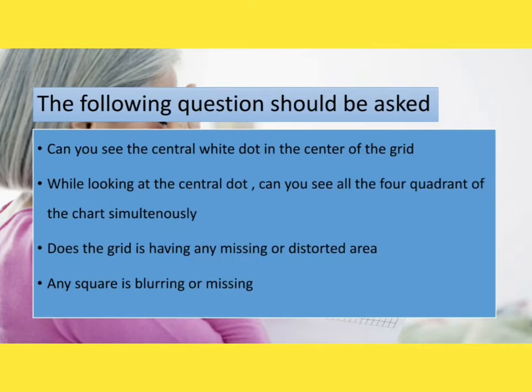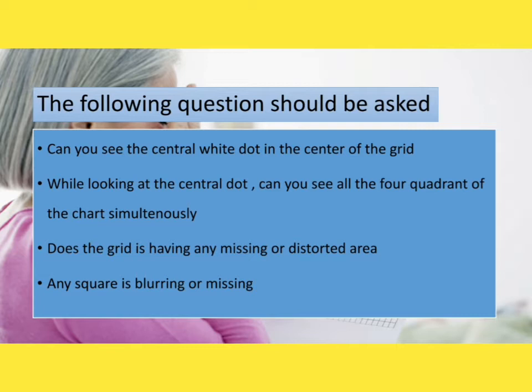Now, these are the questions that you need to ask. Can you see the central white dot in the center of the grid, as I already told you? And while looking at the central dot, can you see all four quadrants of the chart clearly and simultaneously? That means you are going to observe whether the patient is able to see the four corners or quadrants of the chart while looking at the fixation point, that is the central black point.